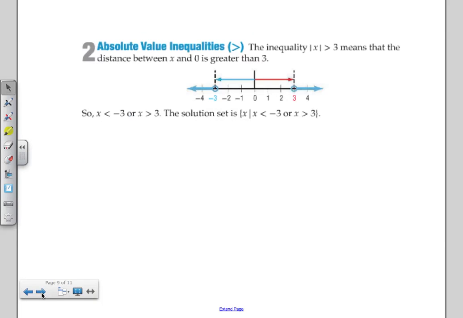Okay, the other thing we want to talk about is solving inequalities that are greater than, okay? The inequality absolute value of x is greater than 3 means that the distance between x and 0 is greater than 3. So that means it's going to be greater here or greater here.